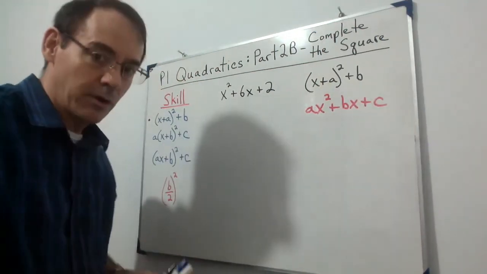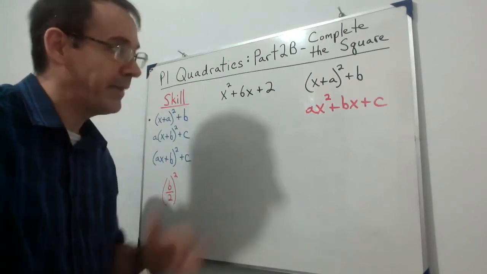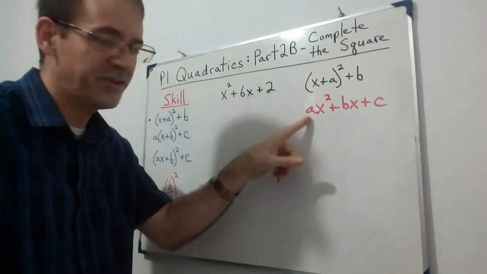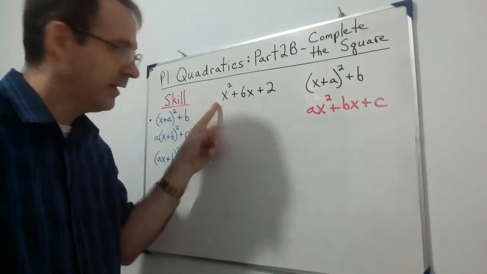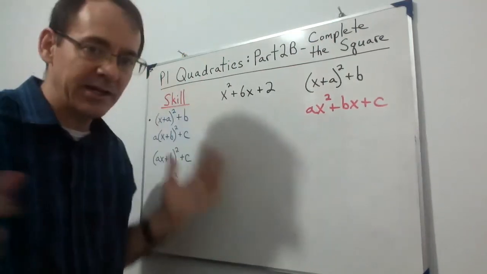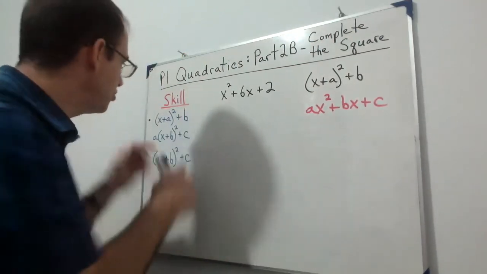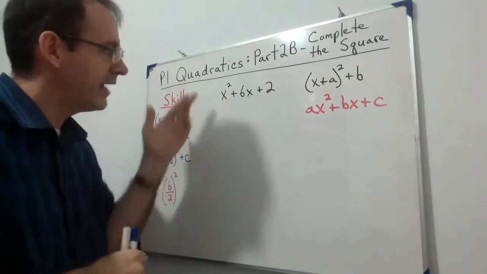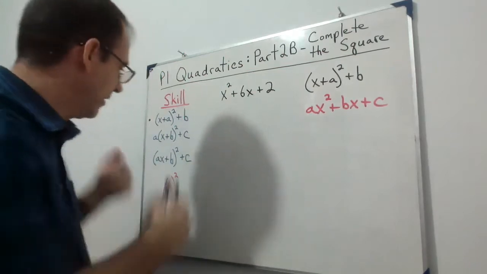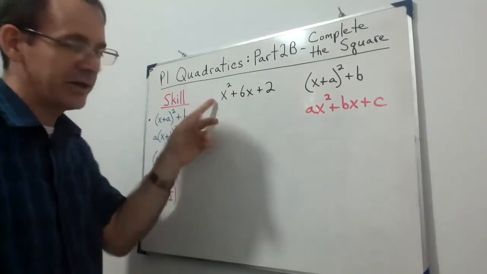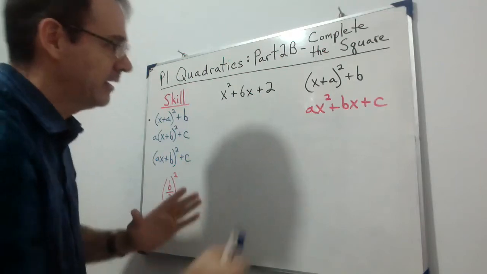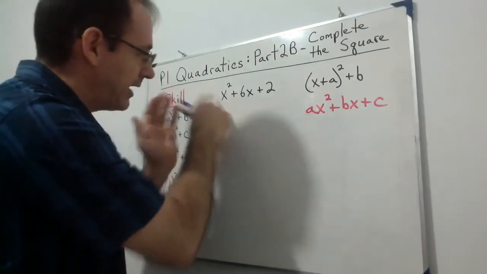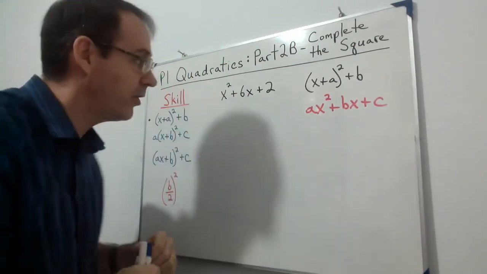One of the observations that we made in part 2a is we want this a to be a 1. And in this case, it is already an understood 1. So usually this easier form here is a form that already starts with a 1. It's these two forms where you actually have a number in the front, okay? So we already see that our a is 1, means we're good to go.